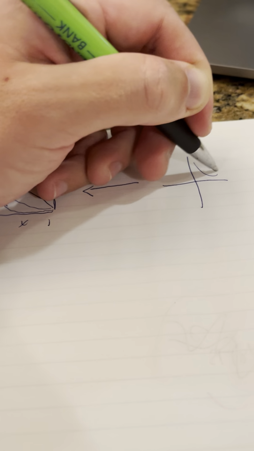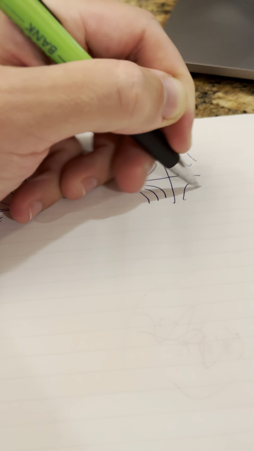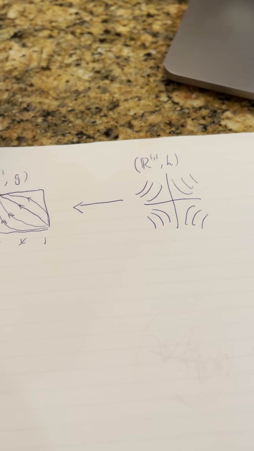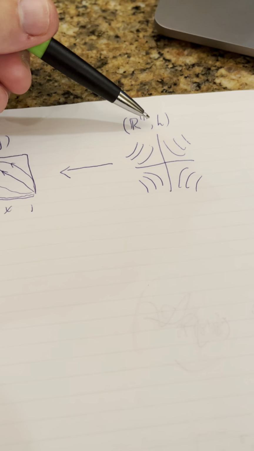Essentially, if we view this as a particular Cauchy foliation of, I'll call it R^{1,1}, H. This would be Minkowski space in sort of light cone coordinates.